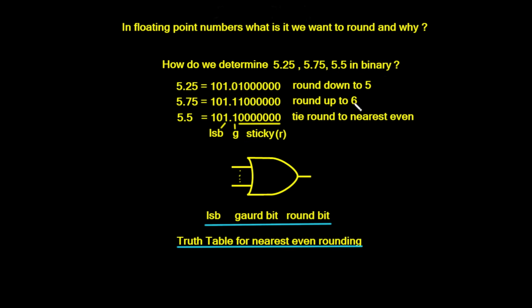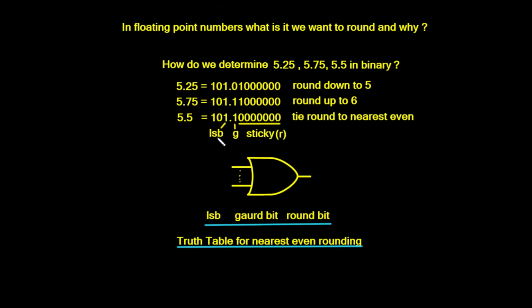So therefore we would round up. And we know, in order to check and see whether we're exactly halfway, if we have a 1 in here, and we know that all of the other bits are 0, then we know we're at a tie position, that is at 5.5.